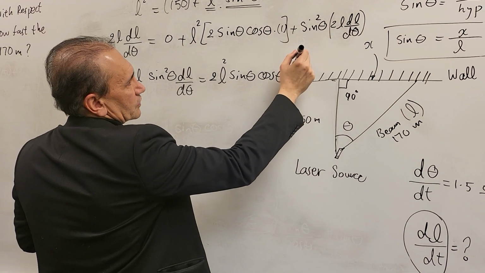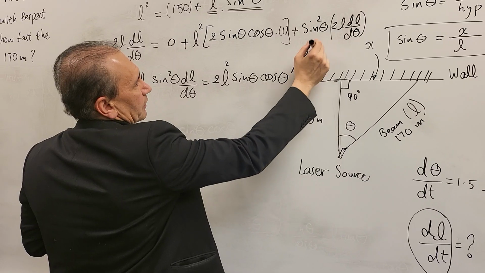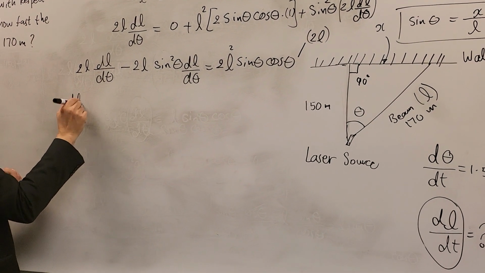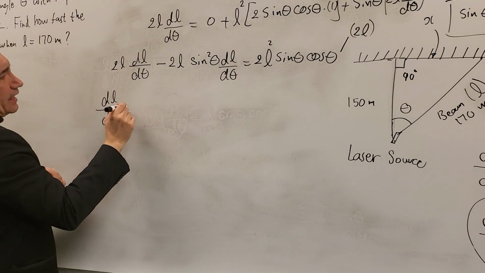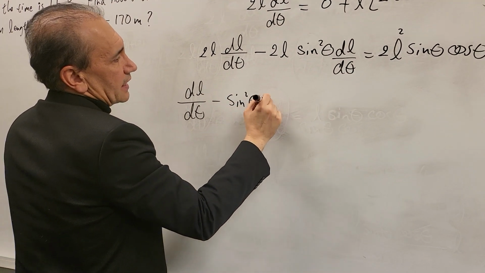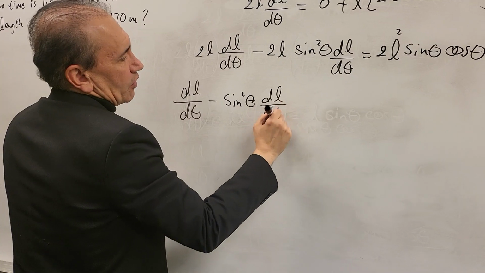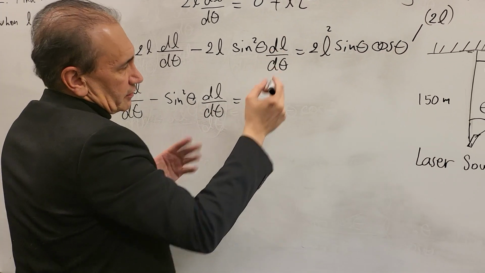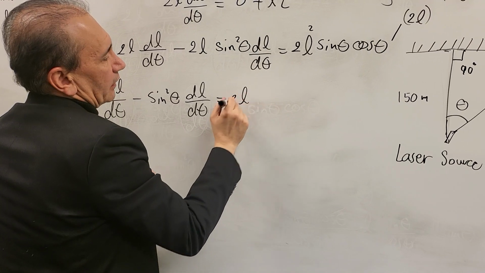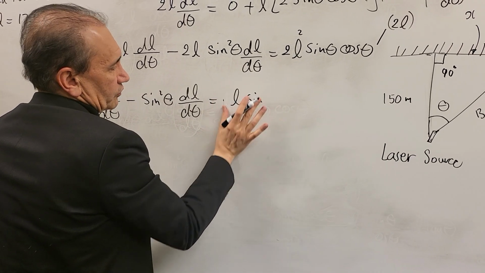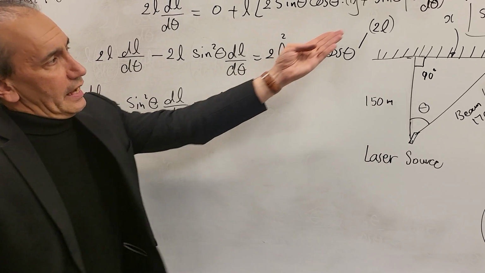If I divide this equation by 2L to simplify everything, I will get here only dL over d theta, and I will get here minus sine squared of theta dL over d theta also, and here one of the L will go, and it's just L left, not 2, because I'm dividing by 2L.